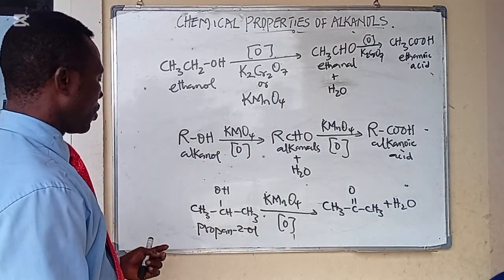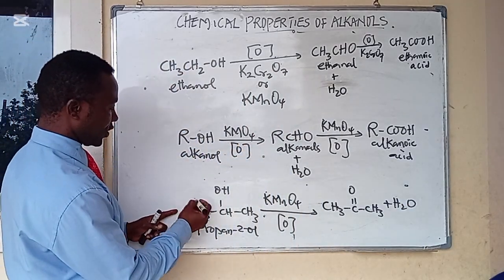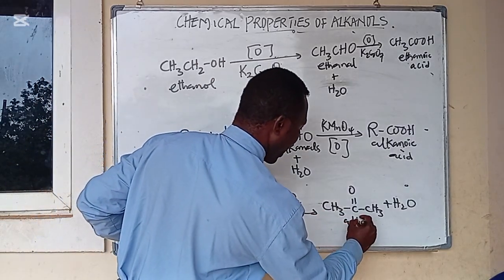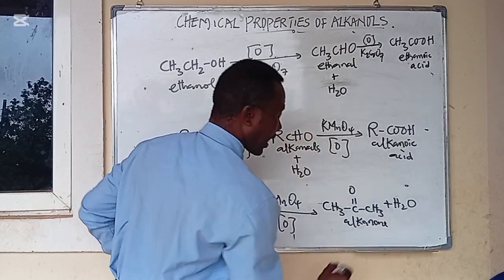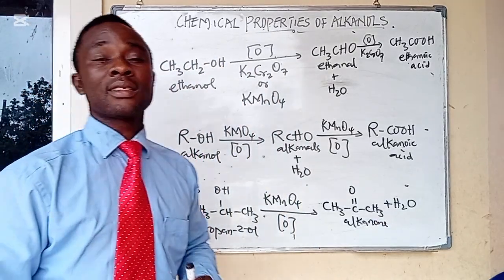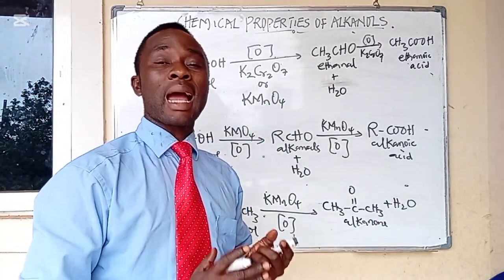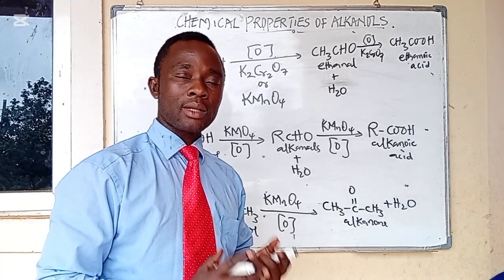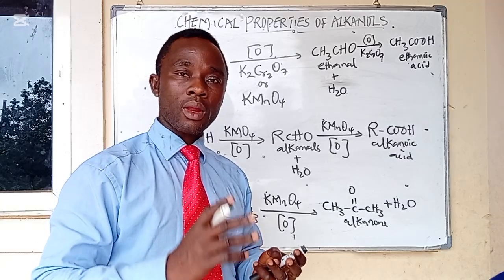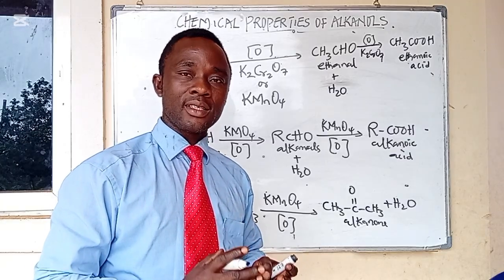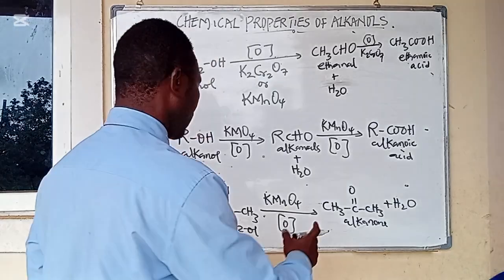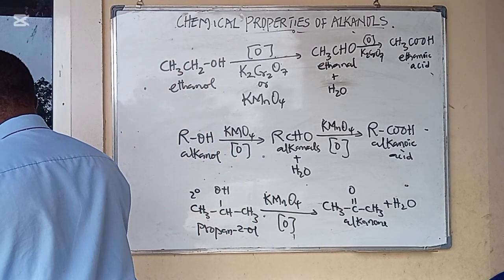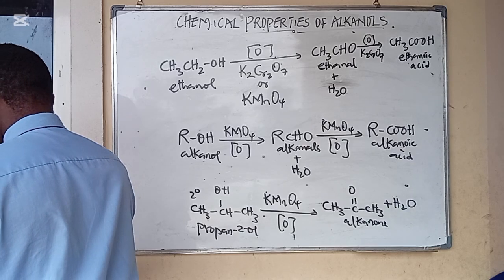So you see that when you oxidize a secondary alkanol, what you get is alkanone. Please don't forget this. It's an exam basic question. You oxidize primary alkanols, you get alkanal. Further oxidation will give you alkanoic acid. But if it is secondary alkanols, if you oxidize it, you get alkanone. So the product that you are getting depends on what you have.